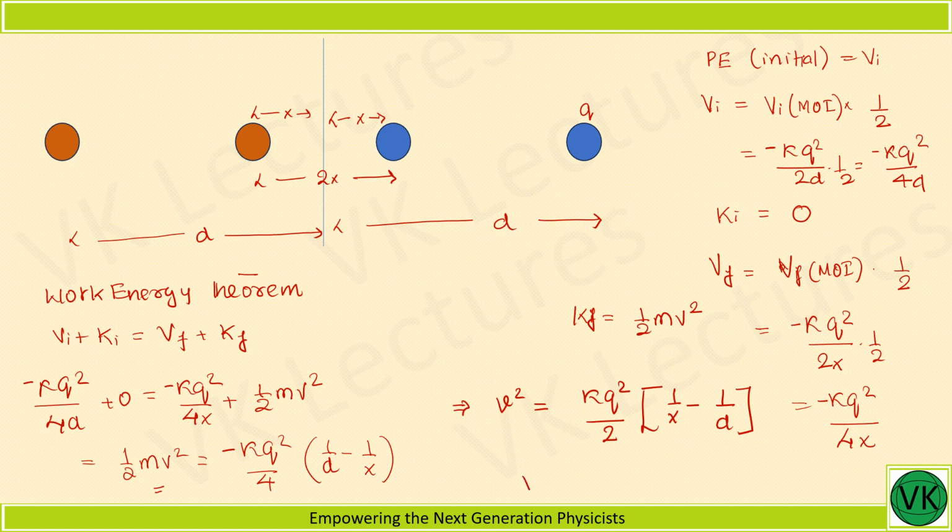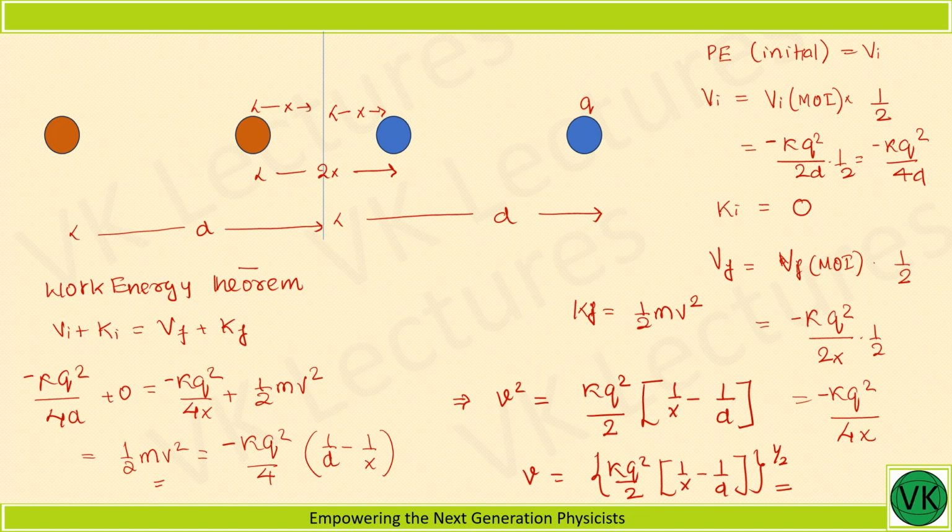So velocity will be equal to kq square by 2 into 1 by x minus 1 by d to the power half. So this is the velocity at x. We have missed out a quantity here, this is m, so m will come here. So kq square by 2m into 1 by x minus 1 by d to the power 1 by 2.